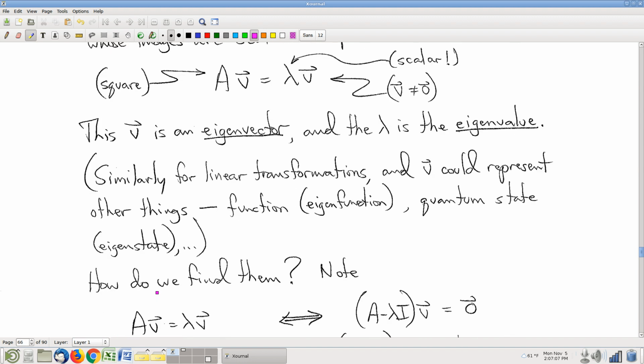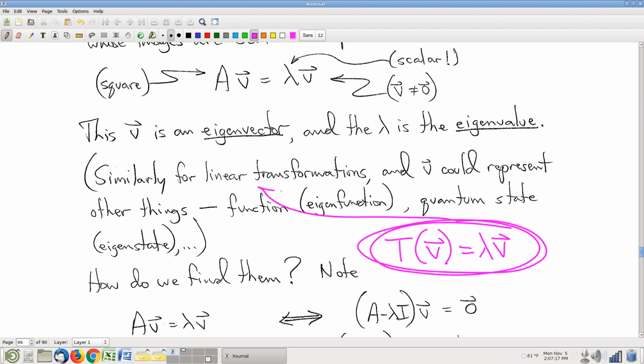Really important. By the way, there is a related equation for linear transformations. If you can find an instance where this happens, then we can talk about eigenvectors of a linear transformation. We're not going to spend any direct time on that here, but it's morally the same idea.